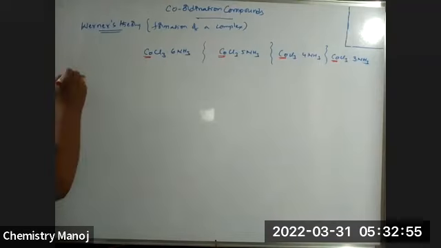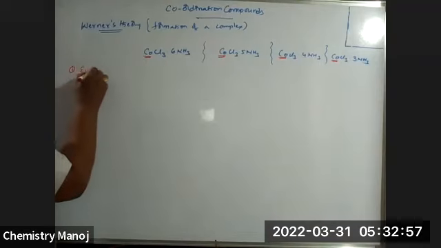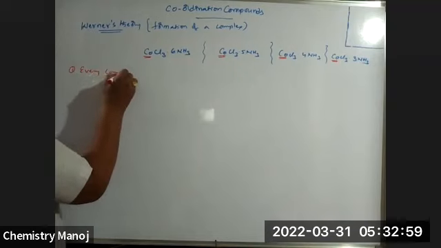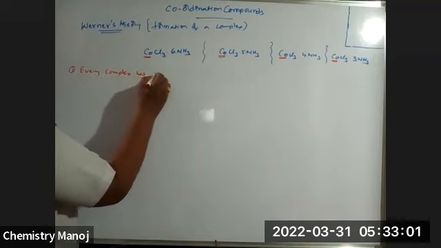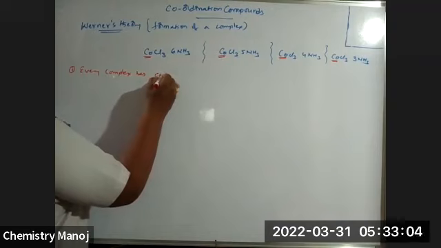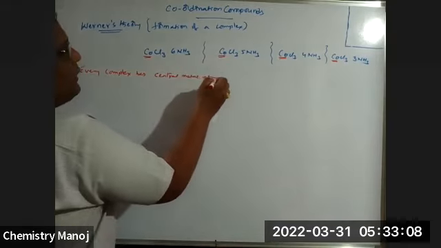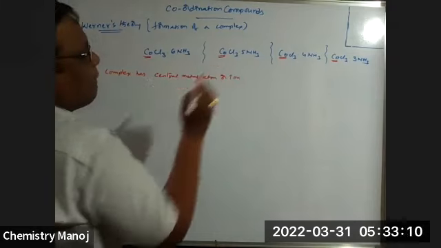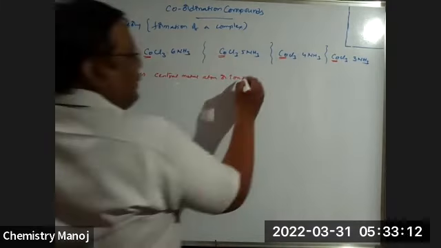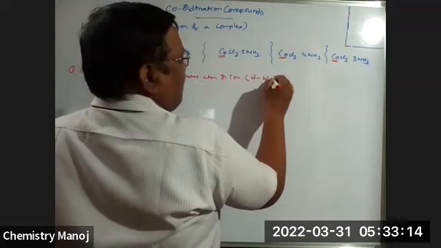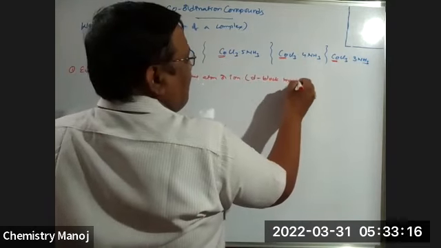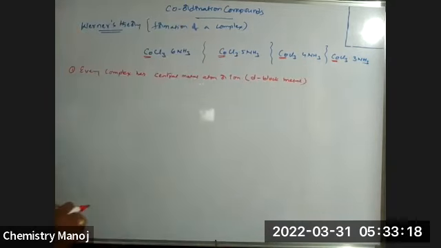First point: every complex has a central metal atom or ion, mostly a d-block metal. That is the first point he gave to us.